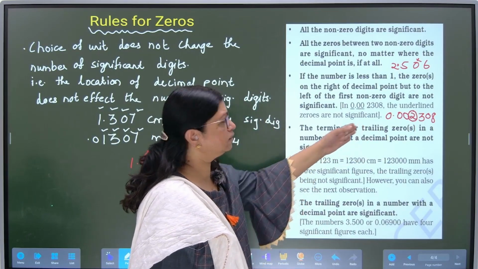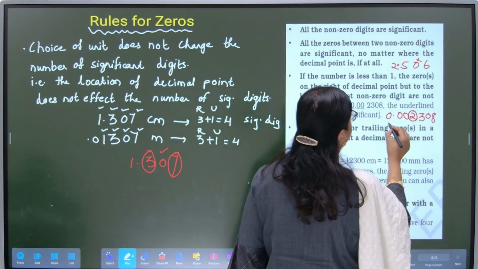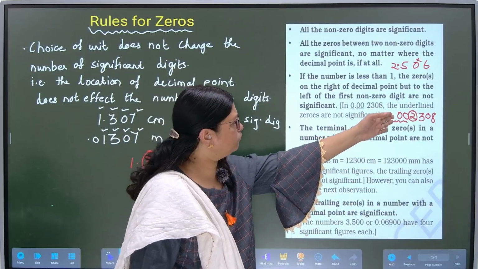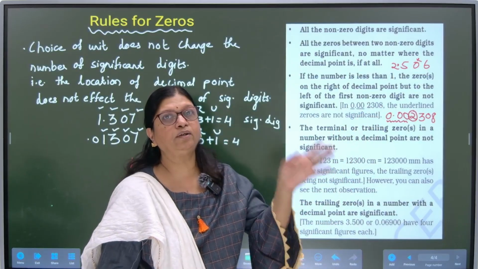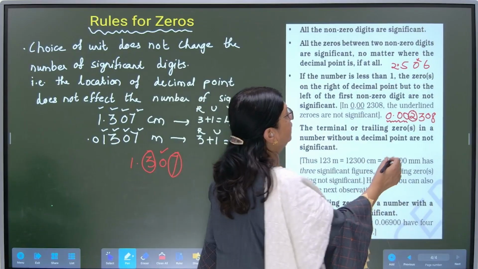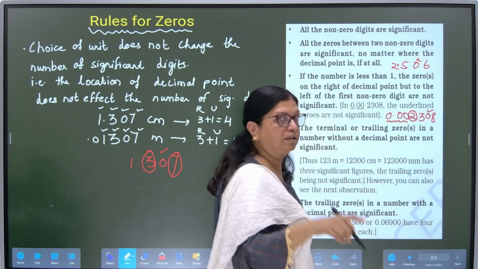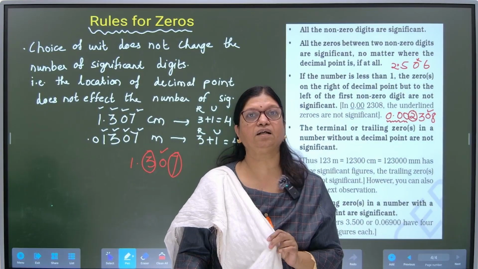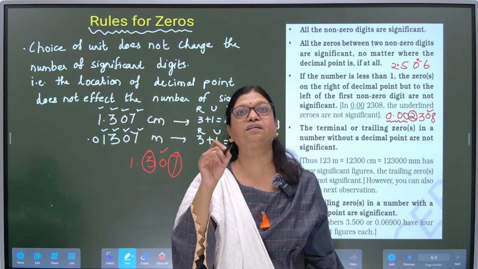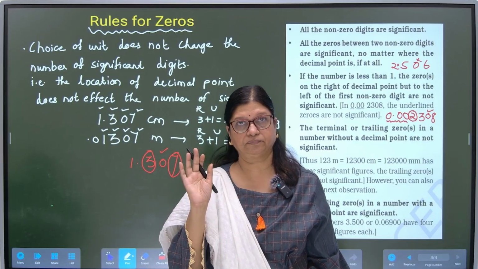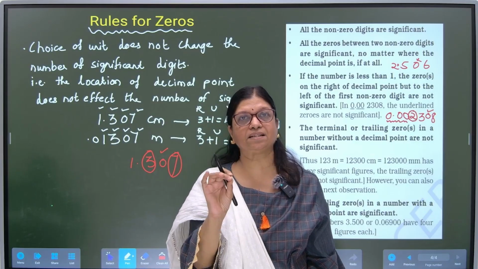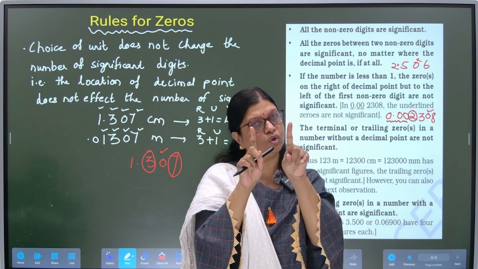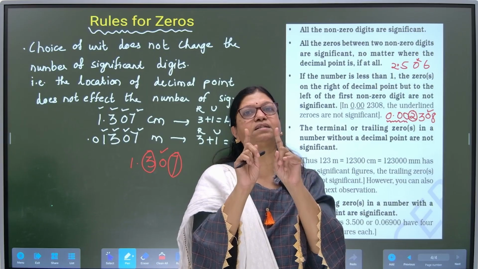And the other zeros in front of it are all non-significant. But there is a 0 between 3 and 8. That is significant. So if I consider a number less than 1, I have to consider only those zeros which are between two digits as significant.